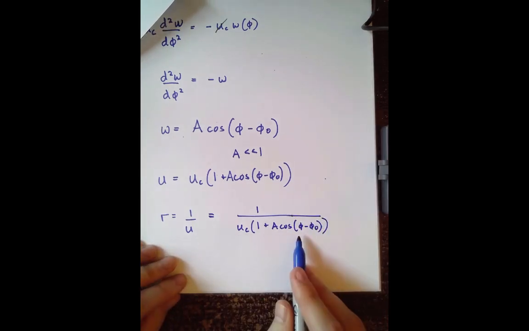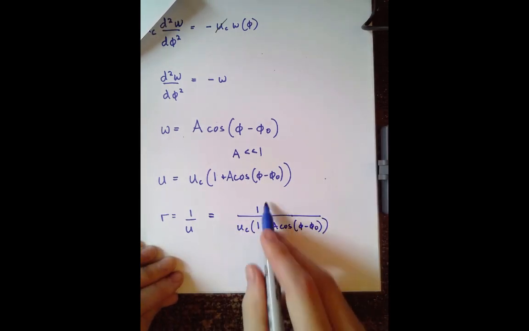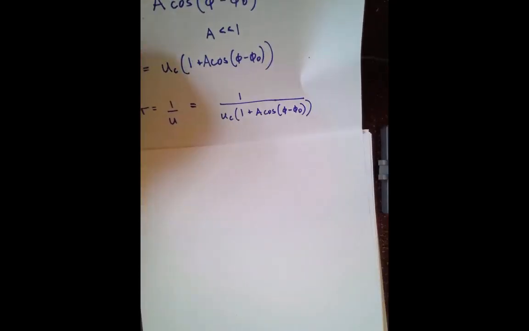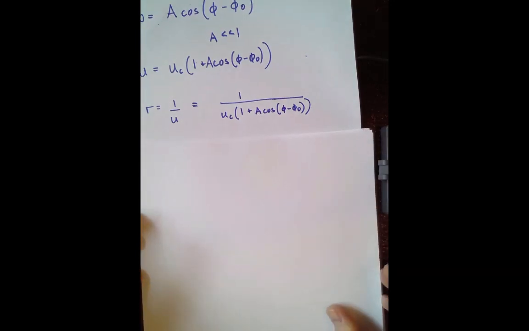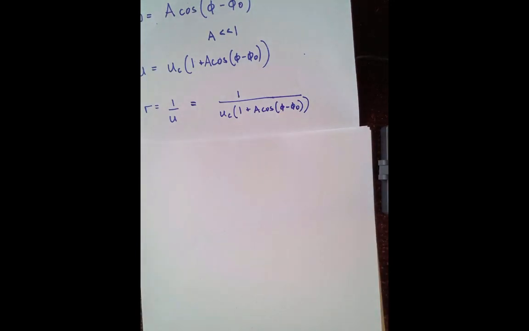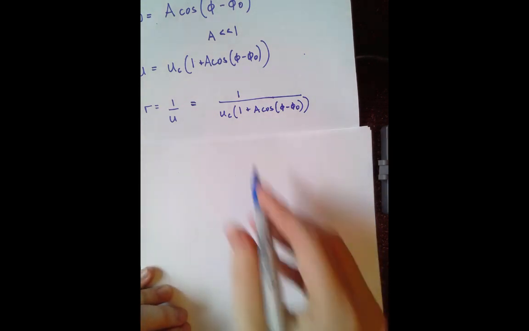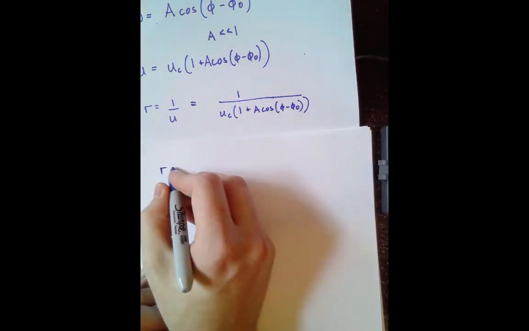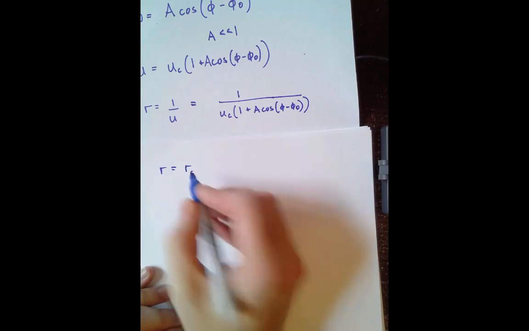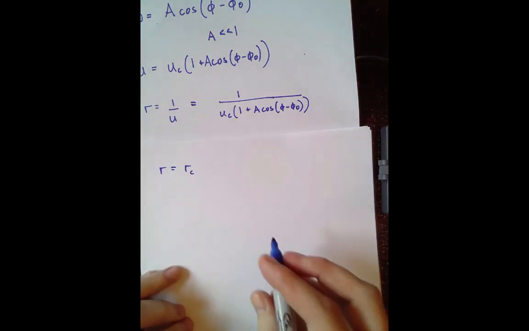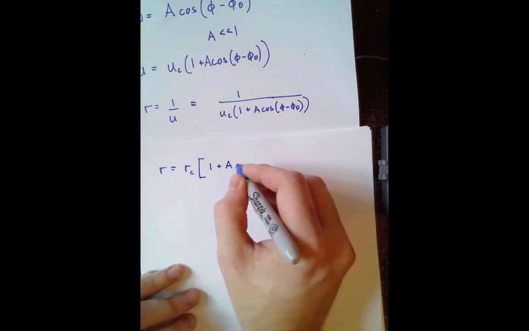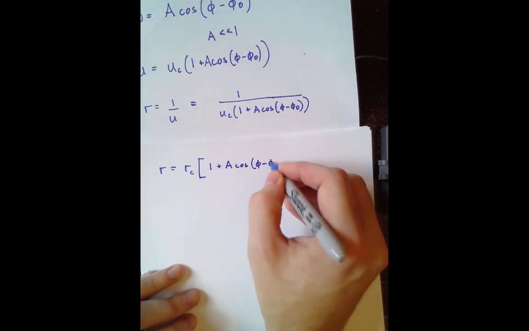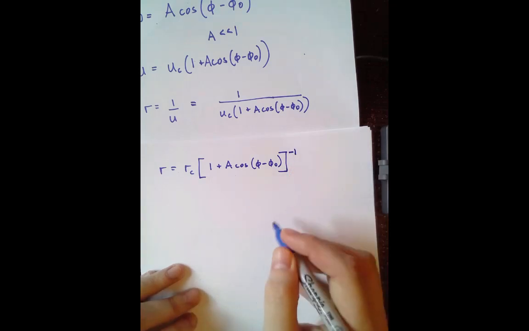This doesn't look such a nice function, 1 over 1 plus cosine, but again, we can simplify it by using the fact that this term is very small. a, the amplitude of the sinusoidal perturbation, is small because that's what we define to be a perturbation. We can note that 1 over u_c is just r_c, the radius of the circular orbit, and then let's write this as (1 plus a cosine of (φ minus φ₀)) to the minus 1.